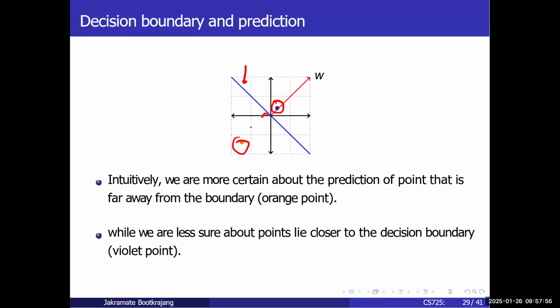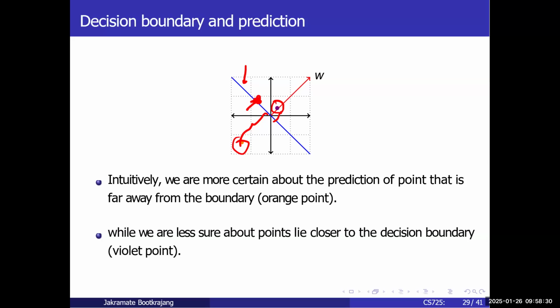So the distance between the point and the decision boundary matters, because as it gets closer to the decision boundary, the data is getting closer to the other class. And when it hits exactly the boundary, you get the dot product equal to 0, and that's where you are very unsure.